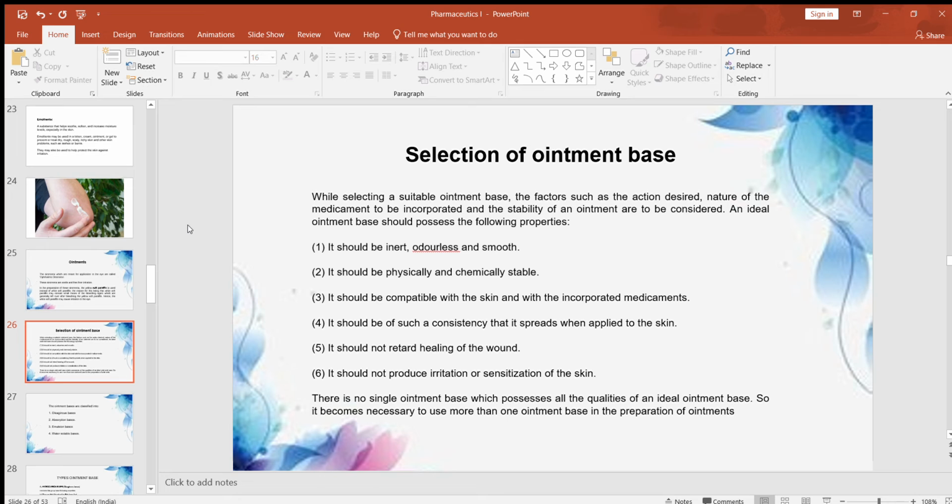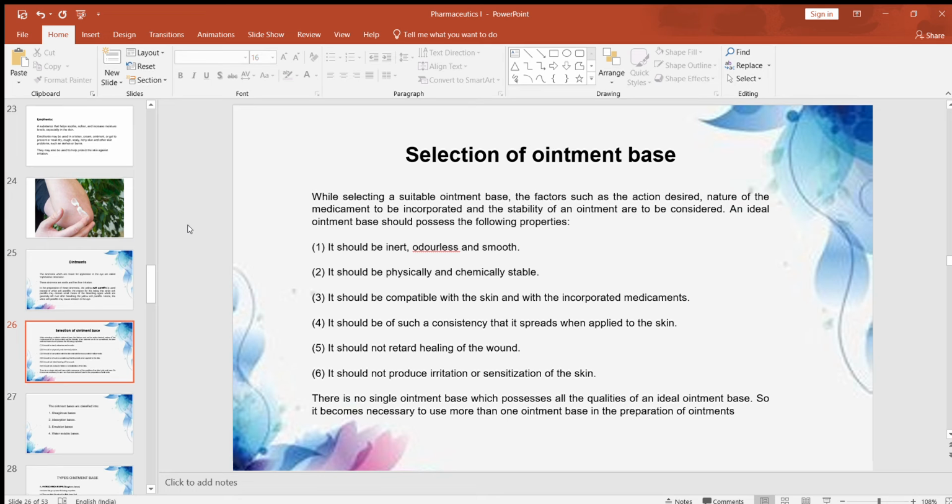If we don't have ointment, how are we going to apply a drug on the surface of skin? We need a particular formulation, and in this case that formulation is ointment. So ointment bases are required, which act as a carrier of your drug. They give bulk and semi-solid consistency to the formulation, and they make it easy to spread the formulation on the surface of skin.